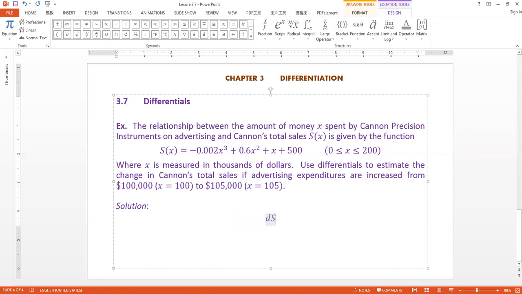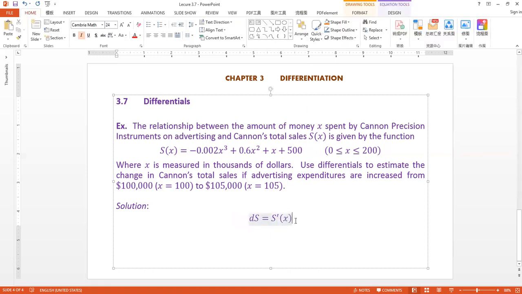So dS, that's the notation for the differential, is defined as the derivative of the function, S prime of x, times the increment in x.